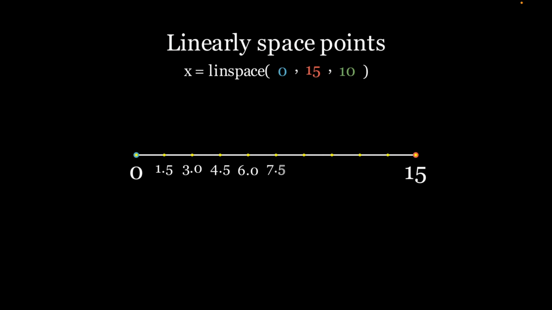In this case, you will be getting the points like this. Suppose I want to divide this entire 0 to 15 into 10 segments. In that case, I will use linspace, where the first argument is the starting point, the second argument is the ending point, and the third argument is how many divisions you want.